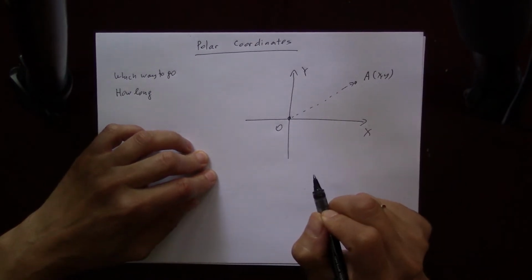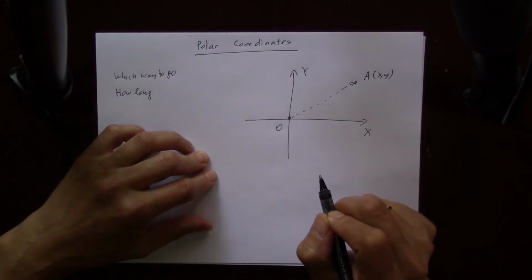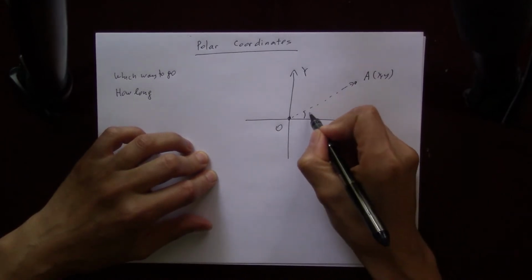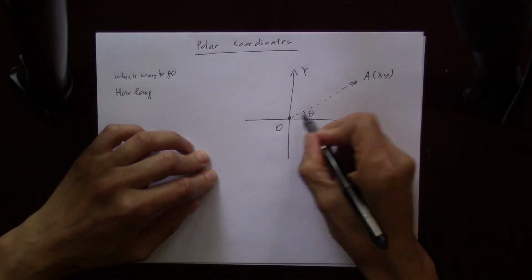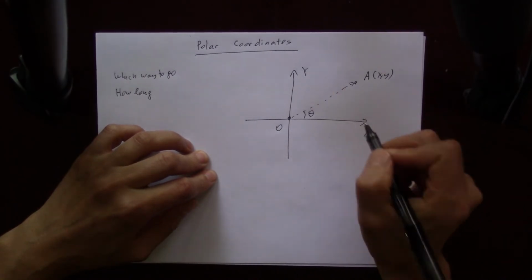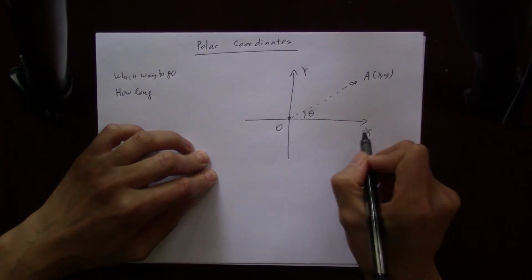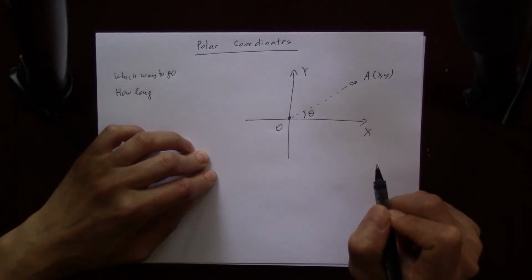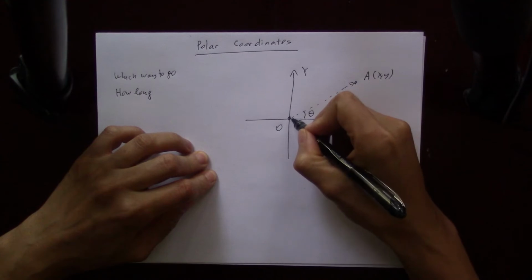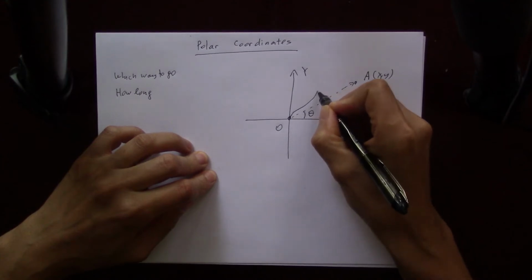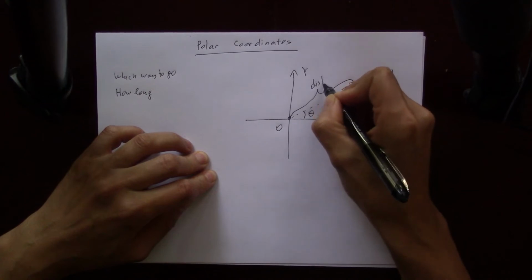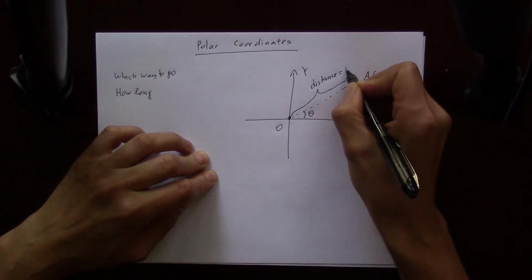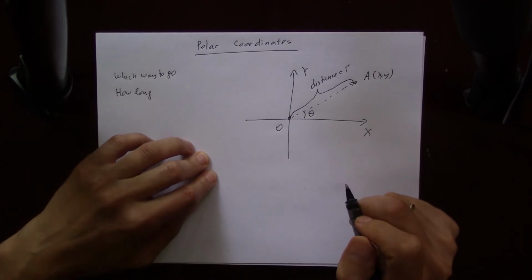And my direction is going to be given by angle theta, which is the angle between the straight line from origin to point A and the positive part of the x-axis. And also I'm going to measure the distance between origin and point, and for distance we're going to be using letter r.